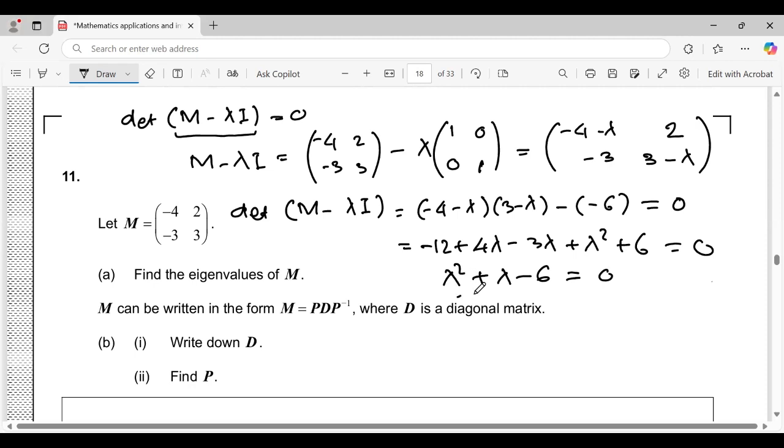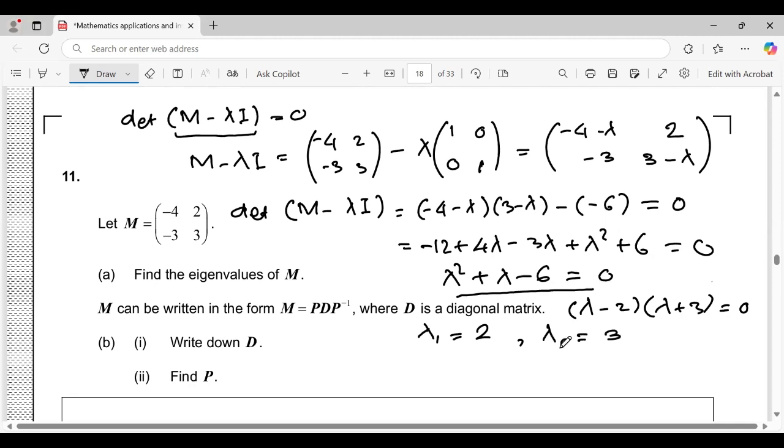In this equation, we can factorize: lambda minus 2, lambda plus 3 equals 0. So lambda equals 2 and lambda as well equals minus 3.